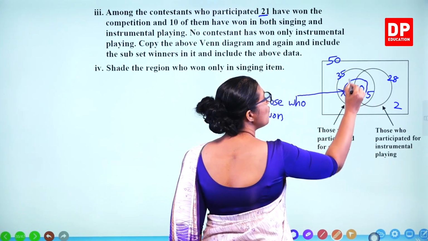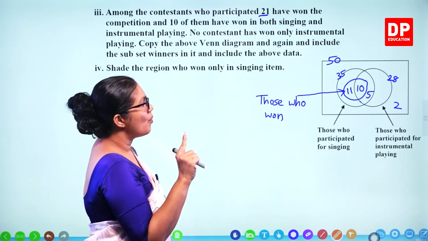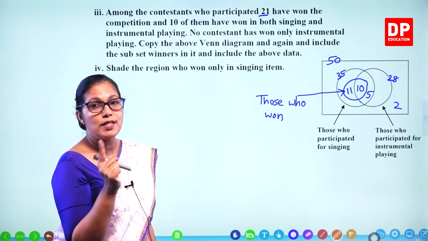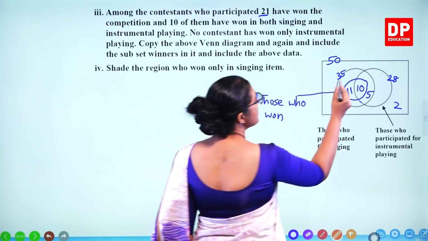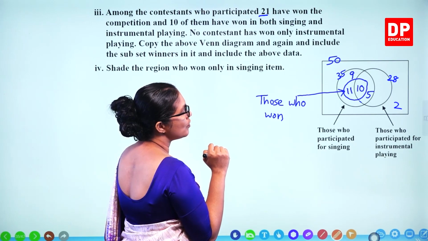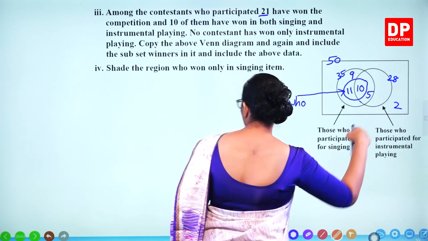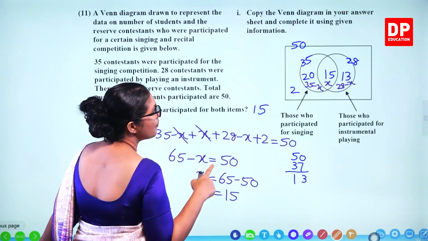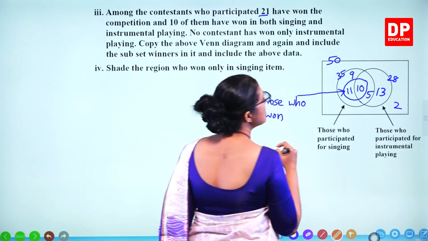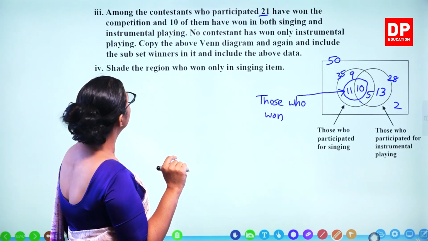So 21 won, this is 10, so this should be 11. Now 11 is there, so 20 minus 11, that's 9 is this part. So that's 9. Now what about the other part? That part is the same as before. That's 13. This part is not changing. So this is the new diagram.